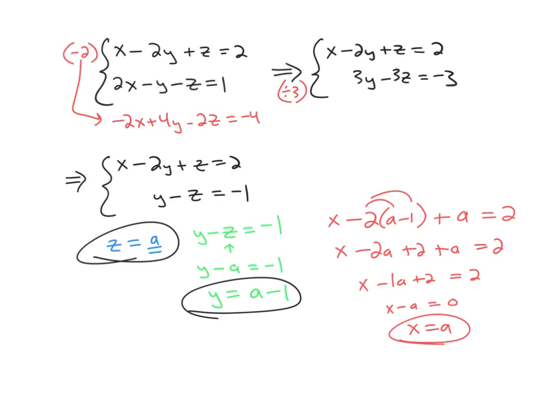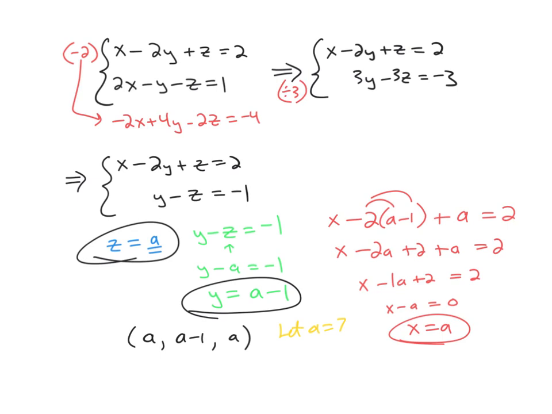So the solution for this problem would be x, y, z. So the x coordinate is a, the y coordinate is a minus 1, and the z coordinate is a. Which means I can take any number I want and put it in there. So let a be 7.